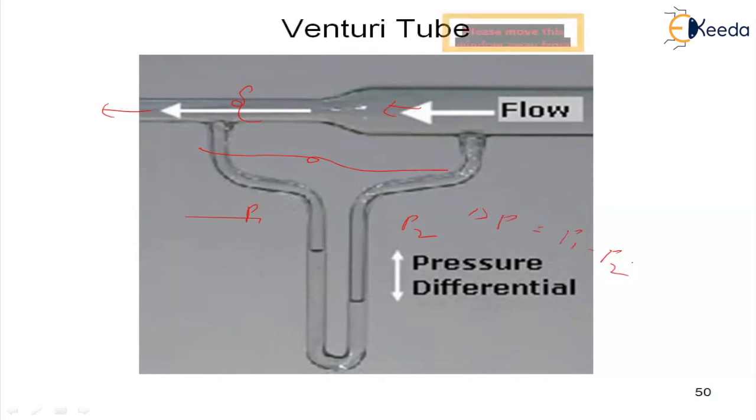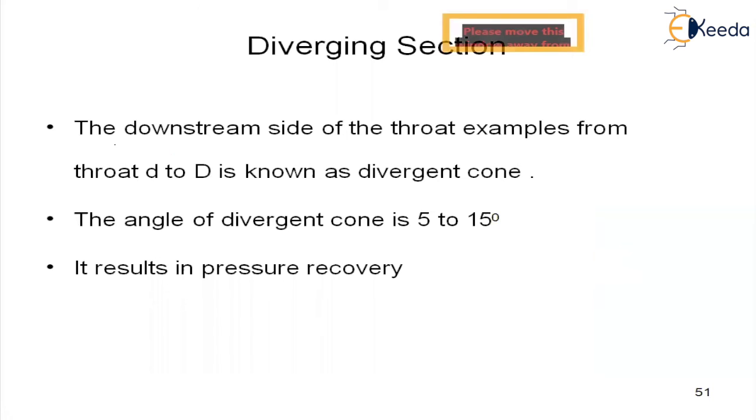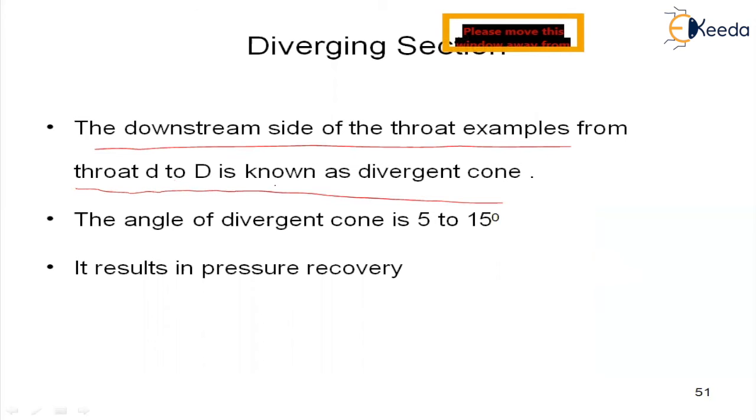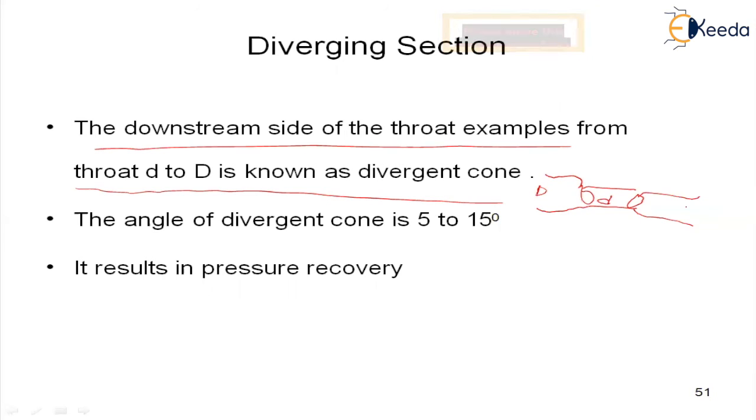Now, as I told you, in the diverging section, the downstream of the throat goes from the throat diameter d back to D. This is called converging and this is called diverging. That is the reason the downstream side of the throat goes from d to D. The angle of the divergent cone is again 5 to 15 degrees.